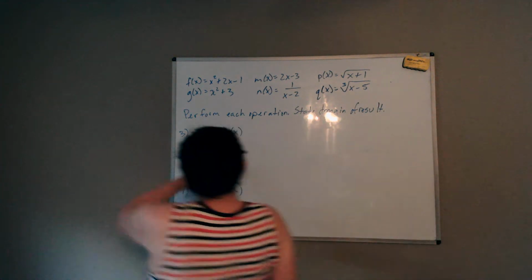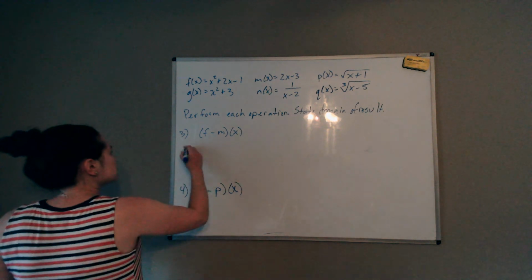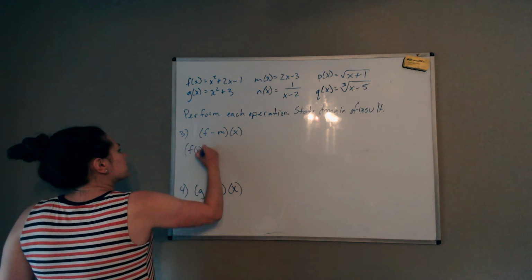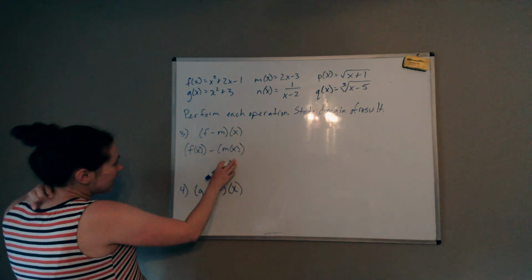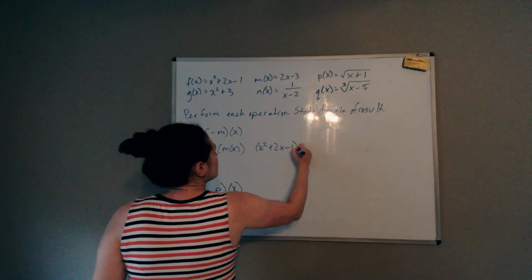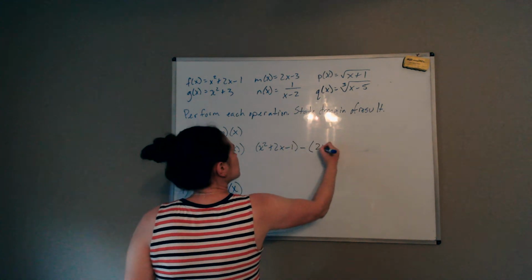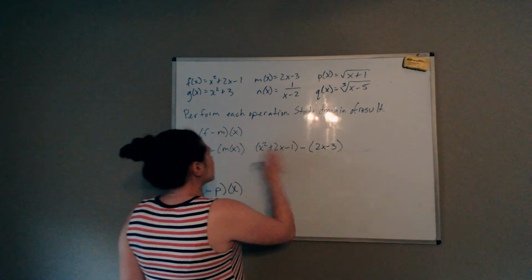In number 3, we have our new function is going to be f minus m of x. So that is by taking f of x, okay, and subtracting m of x. So we are subtracting the entire function. So this is going to be x squared plus 2x minus 1 minus 2x minus 3. So that's why it's important with these parentheses here. You are subtracting m of x.